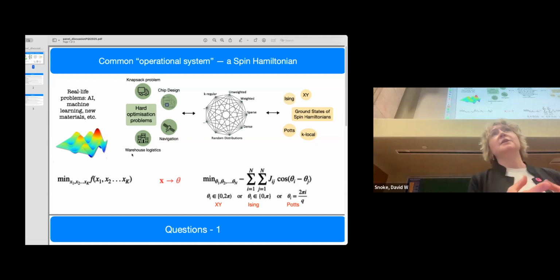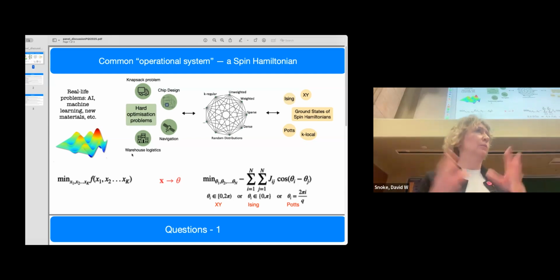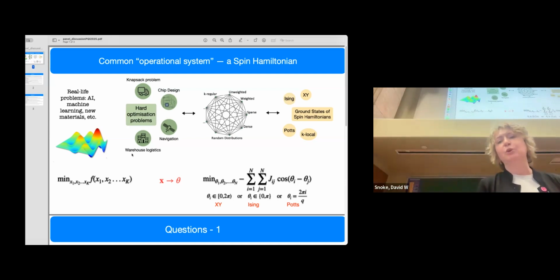So in this business, we all follow this pipeline. We start with a real life optimization problem. We're trying to find an optimal solution of the function that lives in high dimensional space. We know that these problems, and this is a mathematically rigorous fact, can all be mapped with just polynomial overhead onto the universal spin Hamiltonian, right? So it could be Ising Hamiltonian or XY Hamiltonian or clock Potts Hamiltonian or K-local Hamiltonian.